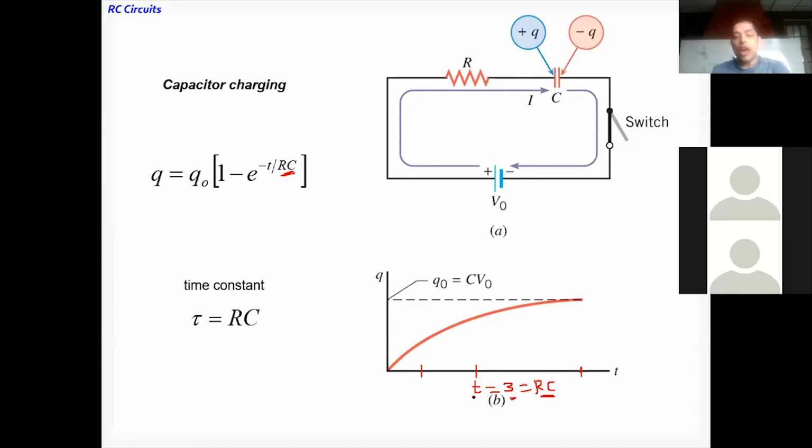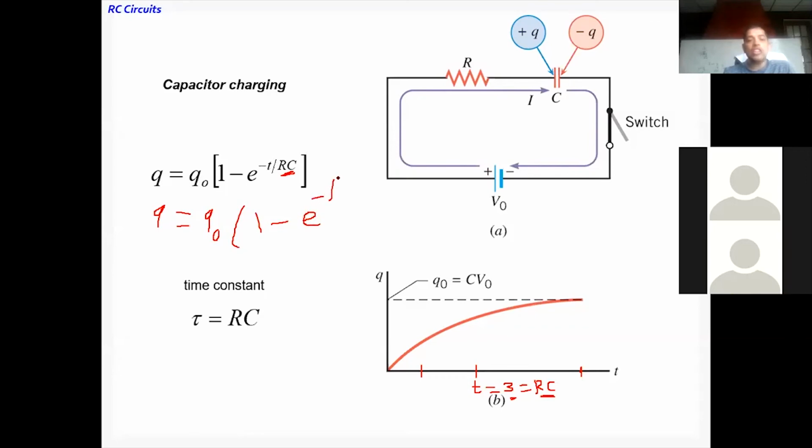When you have T equals RC, what do you get from here? What does Q equal? Q equals Q0 times 1 minus e to the minus t over RC.